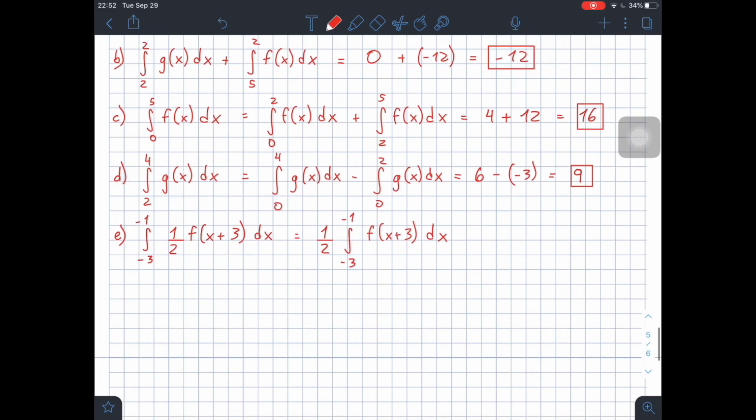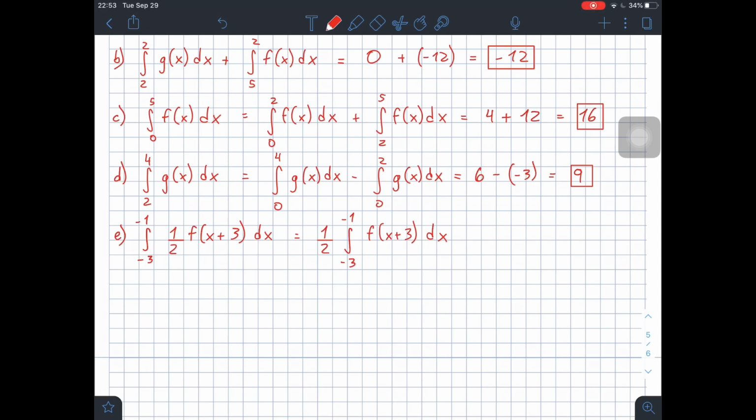But what do you remember from function transformation? What did this plus 3 inside the parentheses cause to the function? If you remember from transformations, this plus 3 inside the parentheses is a horizontal translation 3 units to the left, right?